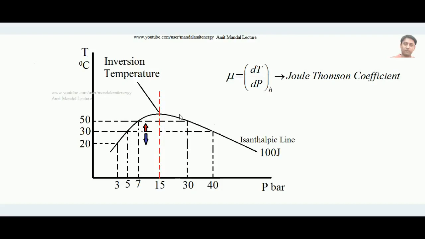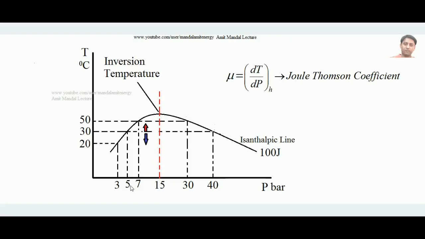So we can conclude that in case the throttling process is happening toward the right hand side of this maximum inversion temperature line, this red line, then the gas temperature will always rise. From here to here you can see the temperature is rising, 40 to 30 rising. For example, I am taking these magnitudes: up to 15 bar you can see the temperature will always rise. So for a throttling process carried out purely to the right of this inversion temperature line, the temperature will always rise.